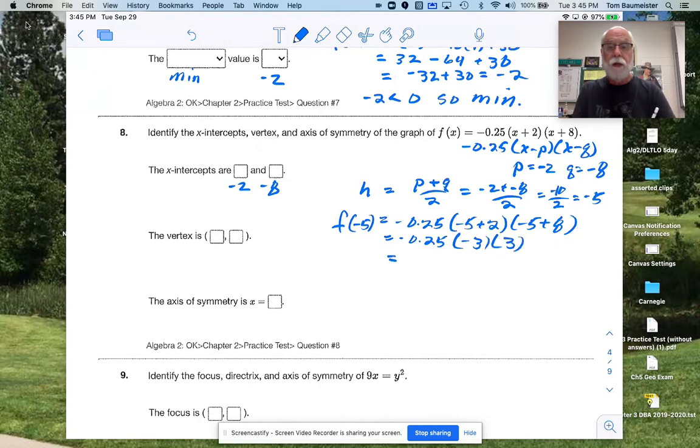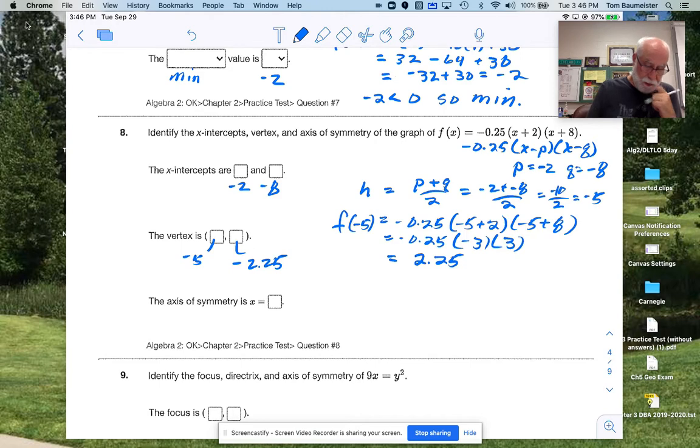You plug that into your calculator, ladies and gentlemen, and you'll get 2.25. So our vertex is at negative 5 and 2.25. Remember, the axis of symmetry is the x value, so that answer has to be negative 5.